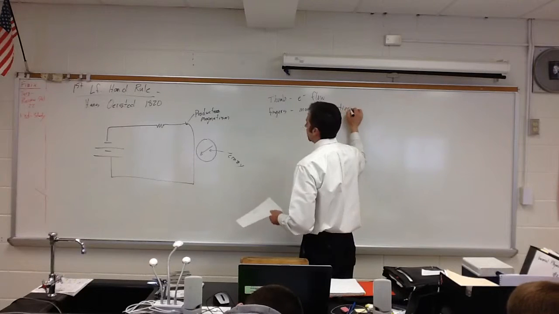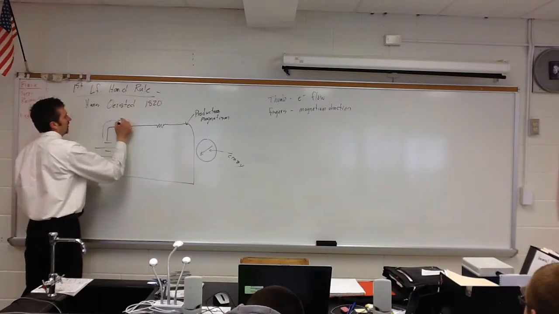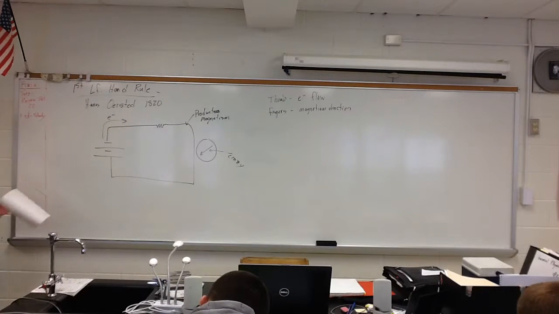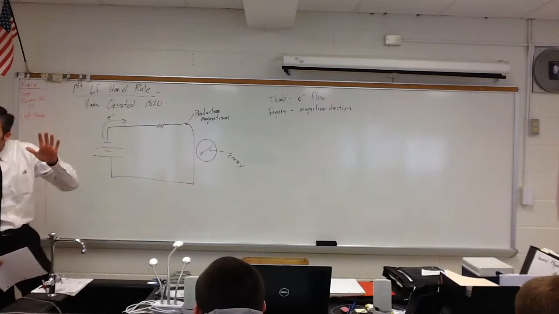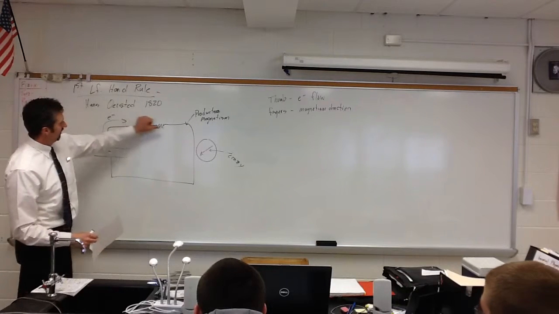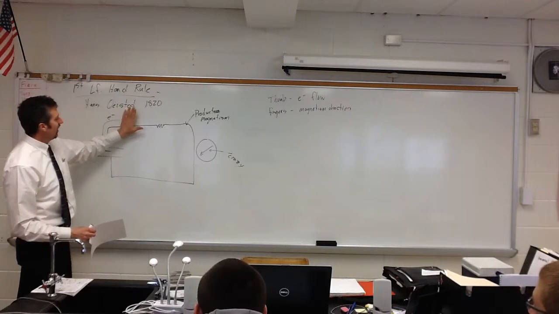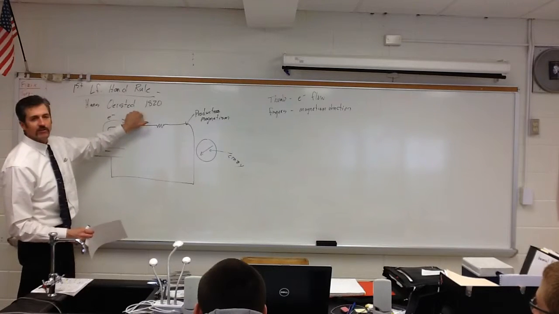So let's play this out. In this diagram, let's say the electrons are coming out of the battery and going this way. At this point I use my left hand rule: I put my thumb in the direction the electrons are flowing, and my fingers are free to wrap around the wire.